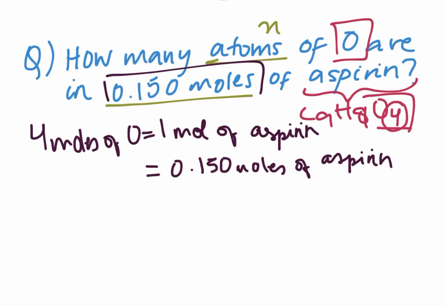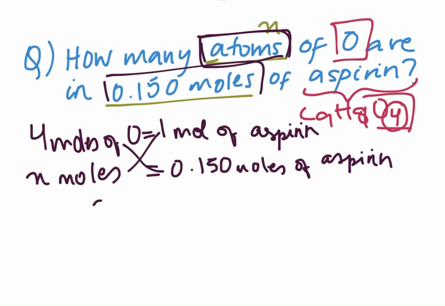Now, in order to calculate the atoms of oxygen, we need to know the moles, right? So we put X moles, which will let me calculate the number of atoms. By cross multiplying, X is 0.6 moles of oxygen.